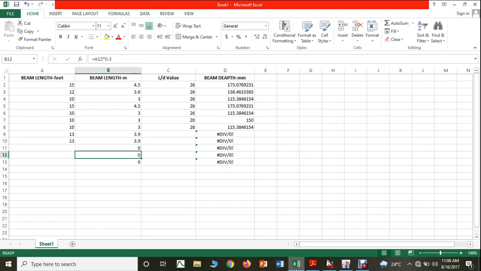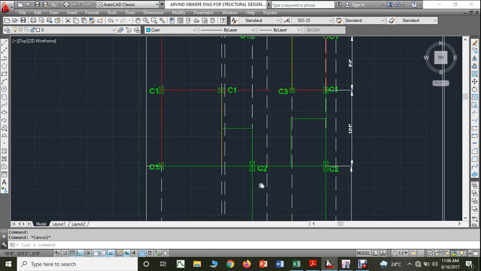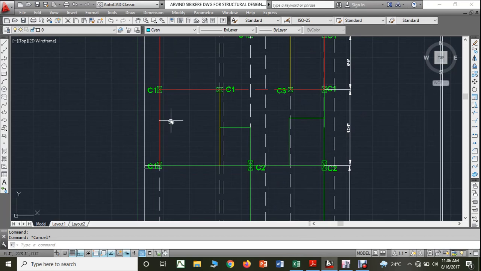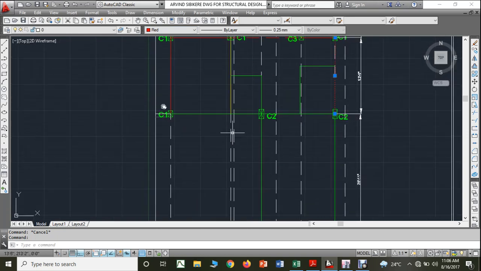Here it will be continuous, that is 26, whereas simply supported is 20. Similarly here the same dimension I can take, so I can make it red. These are all just partition walls, so no need to consider them much. Let us keep them in green color only.